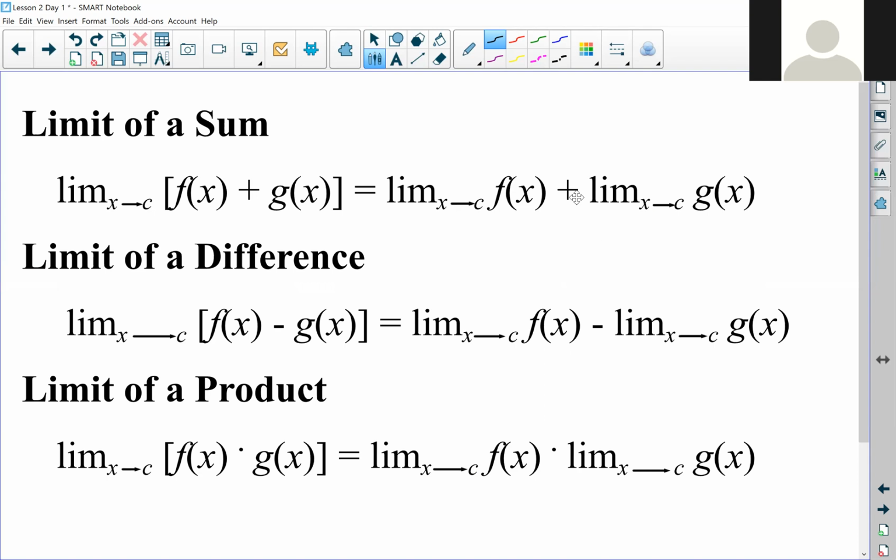I can do the same thing with subtraction. Find the limit of the first function, find the limit of the second function, and then subtract the two. In fact, I can also do that for a product. Take the limit of the first factor times the limit of the second factor to get the limit of the product.